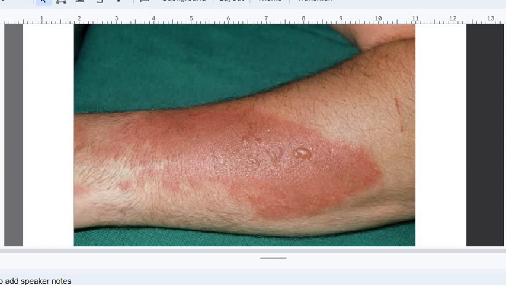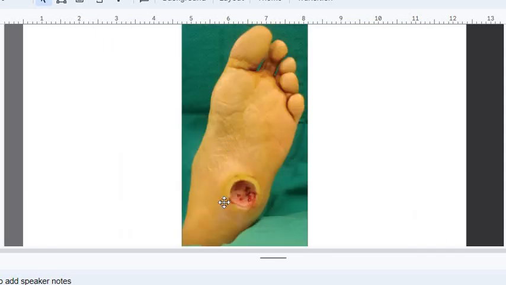In another example, this is a diabetic wound, and there is damage to the epithelial tissue as well as the connective tissue, which is present in our dermis. Basically, there are three layers of the skin: epidermis, dermis, and hypodermis. Epidermis is made up of epithelial tissue, and dermis is made up of connective tissue.